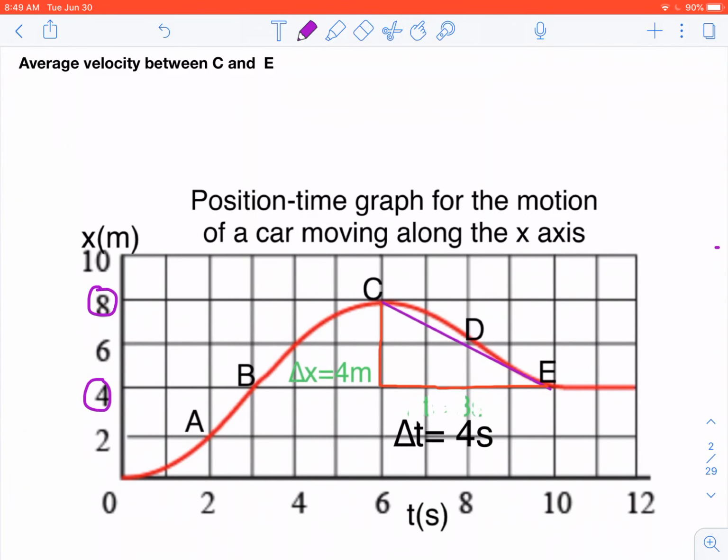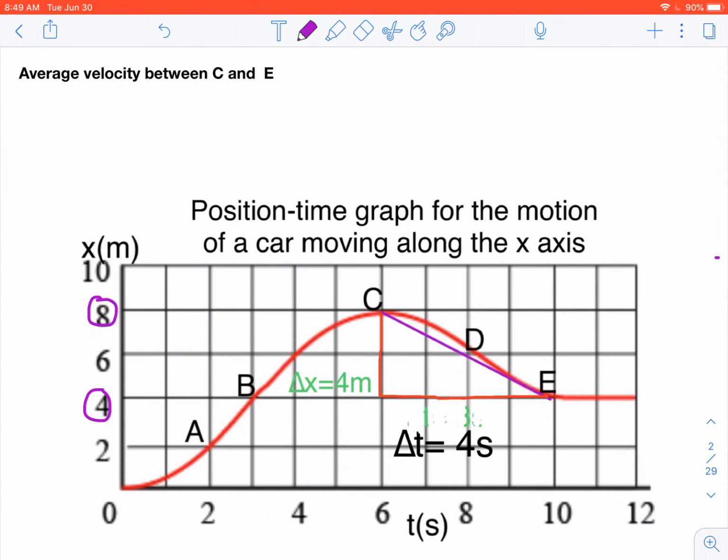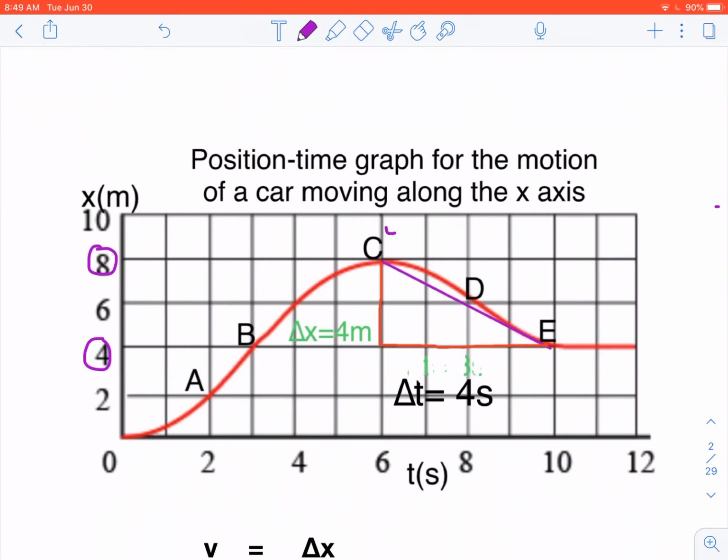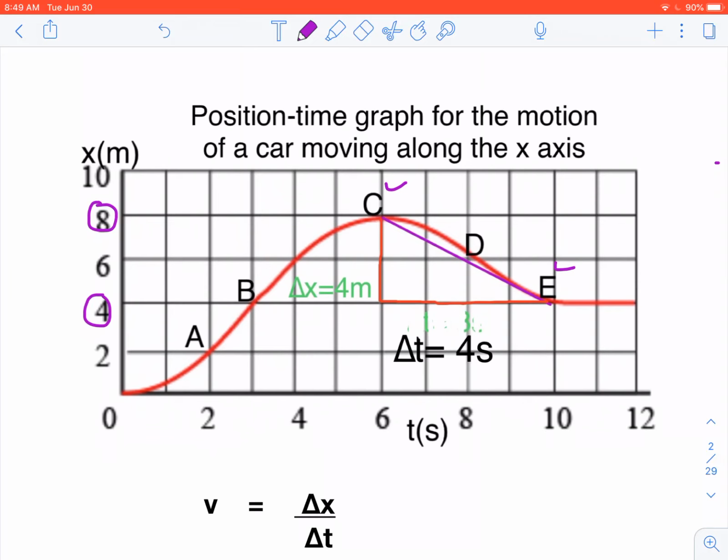Now let's look at the average velocity between C and E. That means we want the average velocity between C and E. What do we do? We connect a line CE, and we then determine its slope. So we determine the change there and the change here.